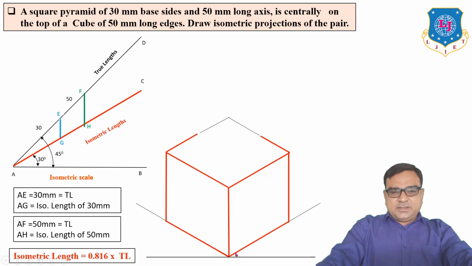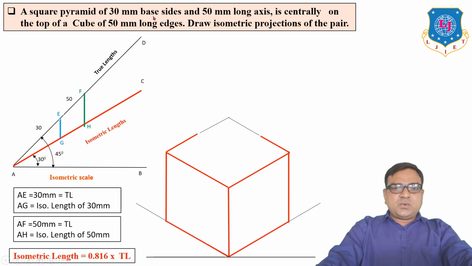In this drawing, length, width and height are all equal, but the size of this line is not the true length 50 mm, it is the isometric length of 50 mm, so it is less than 50.